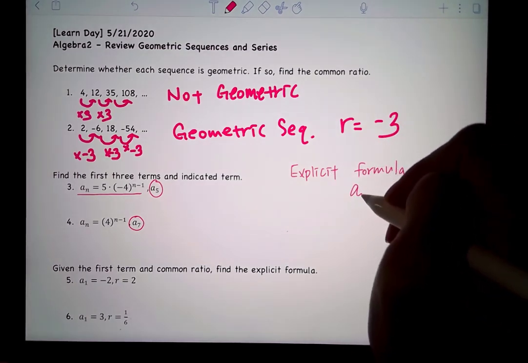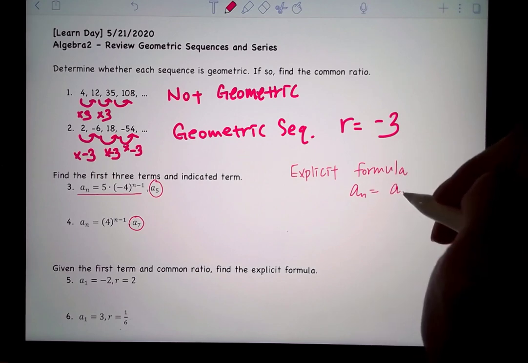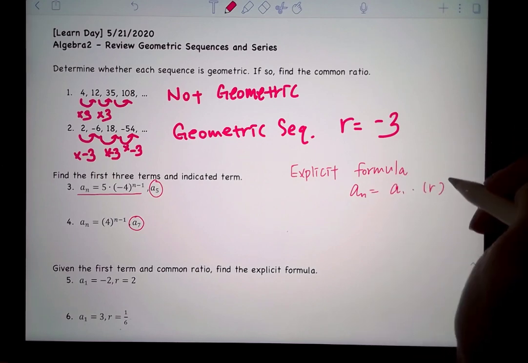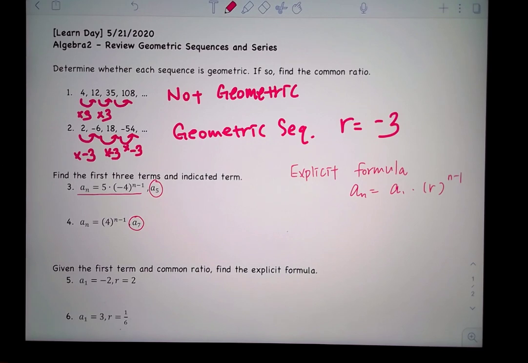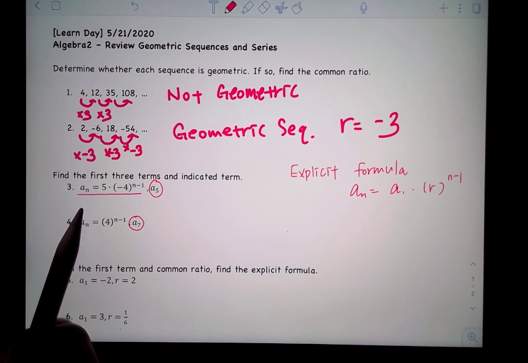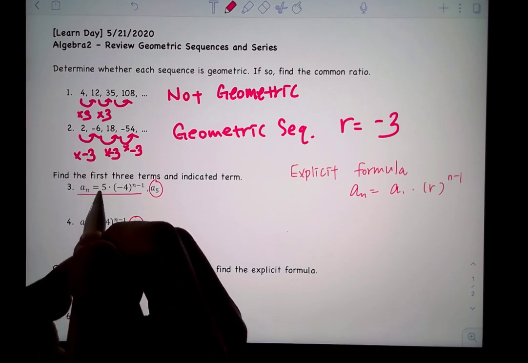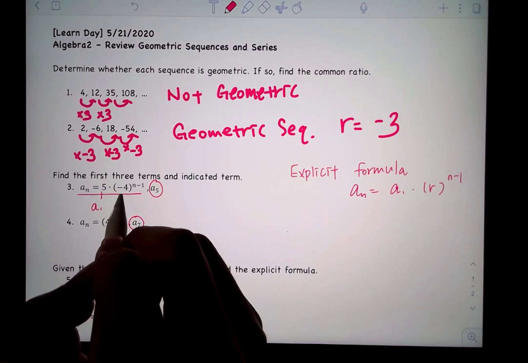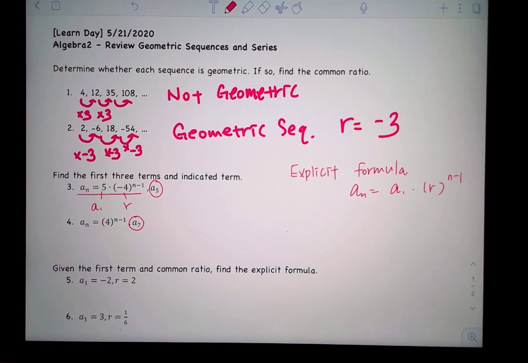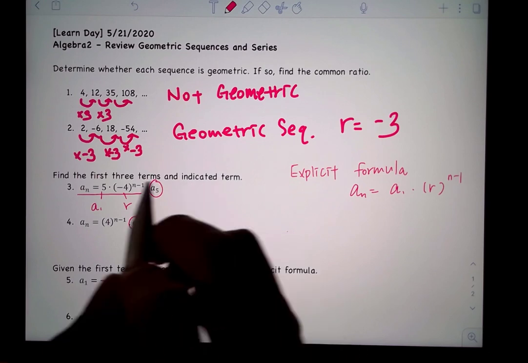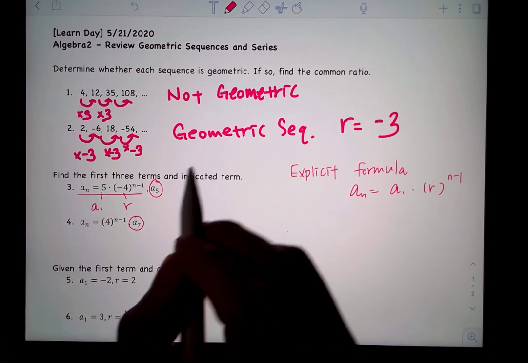So our explicit formula is an equals a1 times r to the n minus 1 power, right? So when you just look at the formula, we can get our a1 and r, right? So this is my a1 and this is my r. So let's write the sequence. So we started from 5, right?